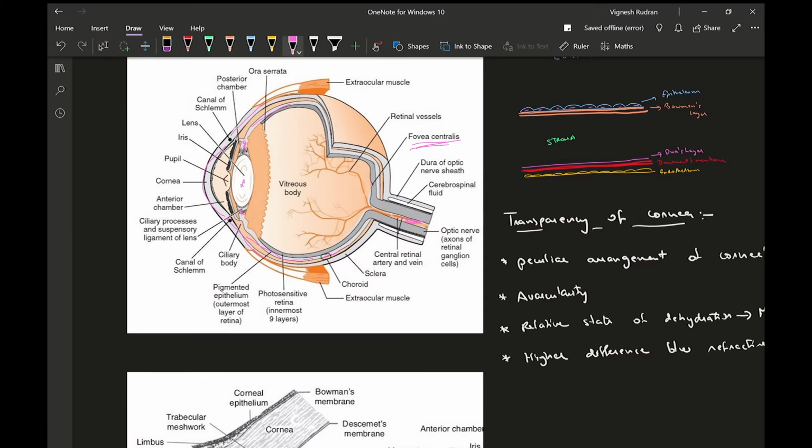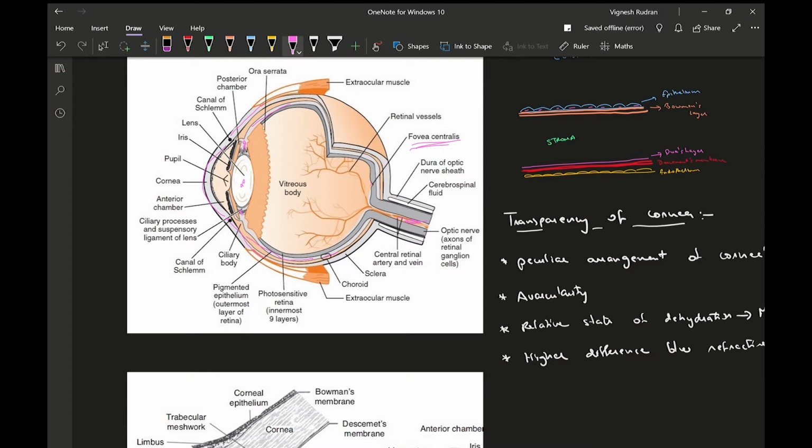Before that, the eyeball is split into the anterior chamber and the posterior chamber. The anterior chamber is filled with aqueous humor, and the posterior chamber is filled with vitreous humor. The thing separating these two would be your lens. The lens is the centermost part of the eyeball. Everything in front of that is the anterior chamber, and behind that is the posterior chamber.